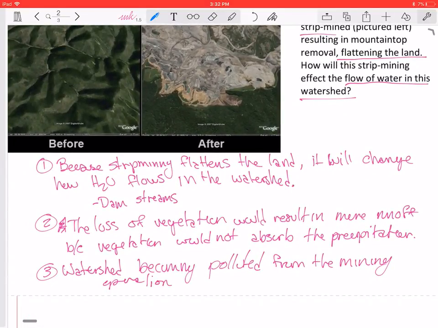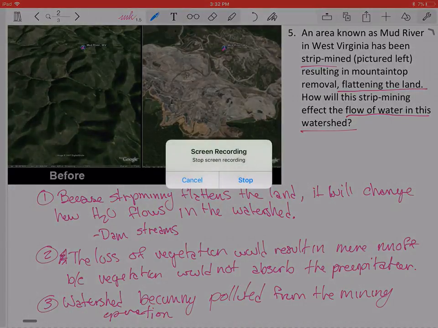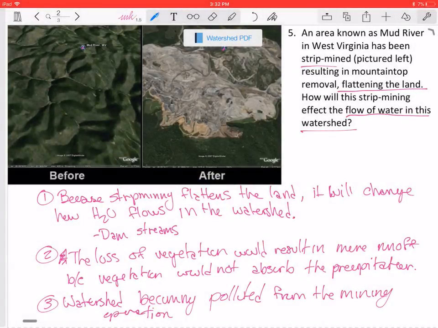Sorry, I'm at the bottom of my page here. So the watershed becoming polluted from that mining operation was also an answer that I would have accepted from you guys.